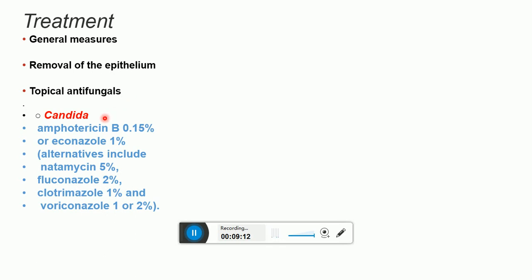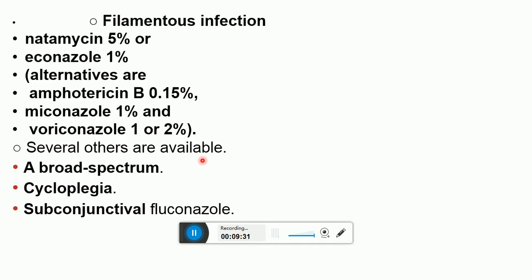Candida infection is treated with amphotericin B 0.15% or econazole 1%. The alternatives include natamycin 5%, fluconazole 2%, clotrimazole 1%, and voriconazole 1% or 2%. Filamentous infection is treated with natamycin 5% or econazole 1%.